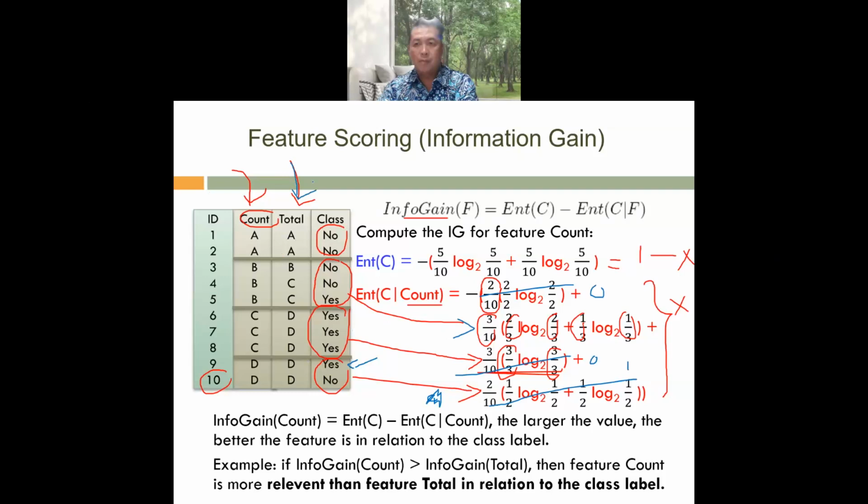They will pick the one that gives you the highest information gain. That's why they call it recursive computation of entropy, and at the same time they also use recursive splitting. So after you split using this one, you may use this one to split further until you reach the stopping condition.